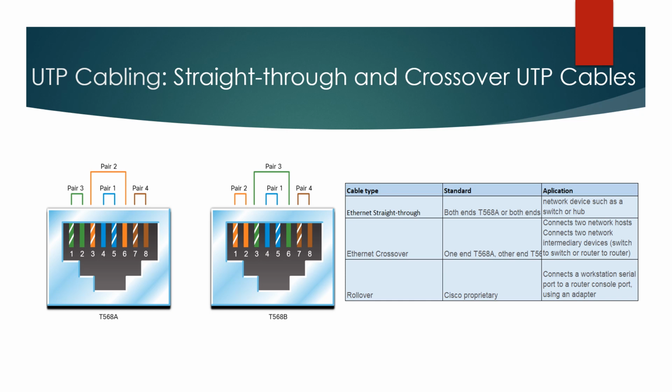And in the figure, we can identify the individual wire pairs for the two standards, and in the table is shown the UTP cable type, related standard, and the typical application of these cables.